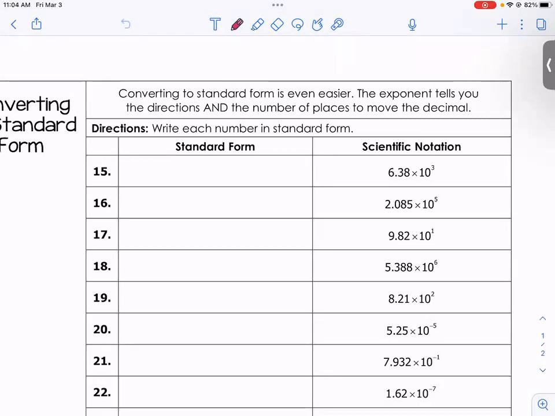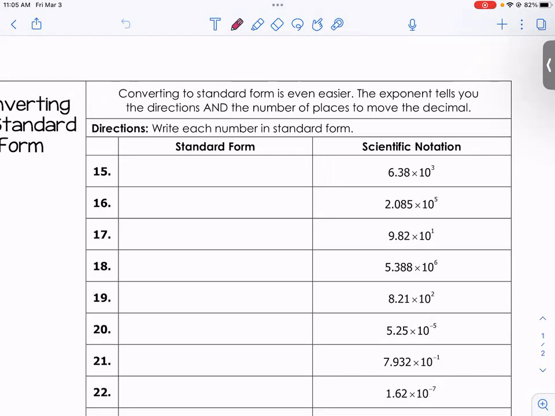How would you describe them? Okay, so the decimal is on the right of the number. So these numbers are bigger than 1, typically, right? Whereas when we have these negative exponents, we know we have a decimal that's less than 1, 0.00 something.